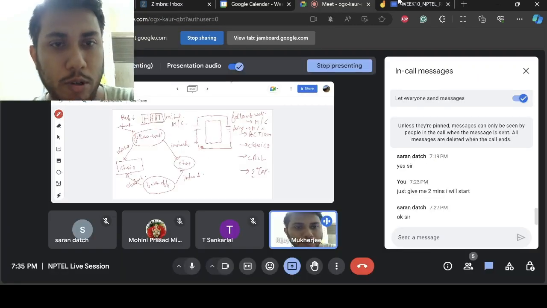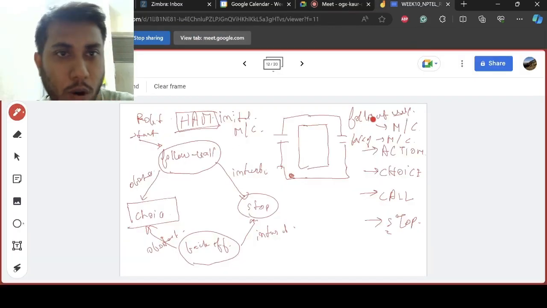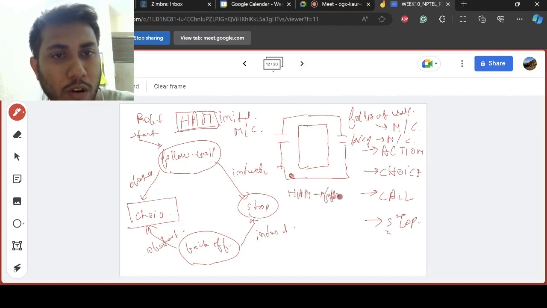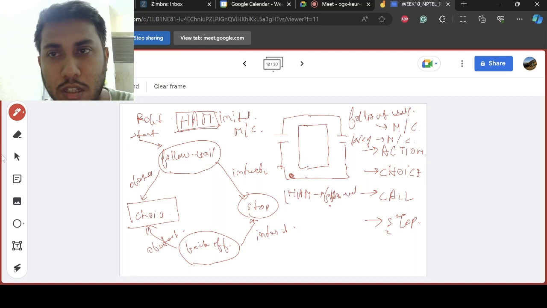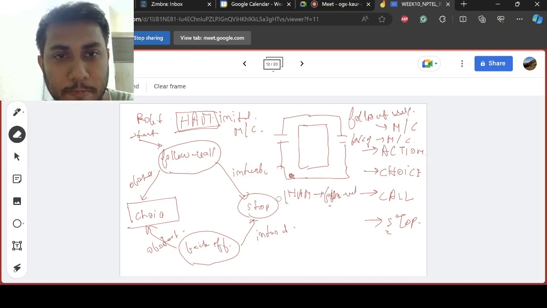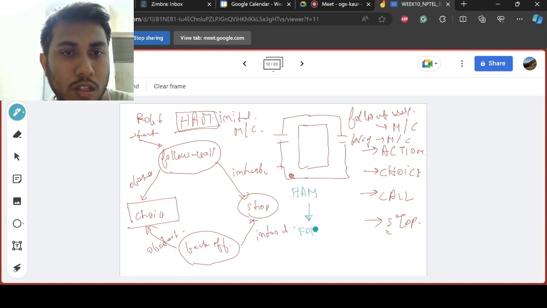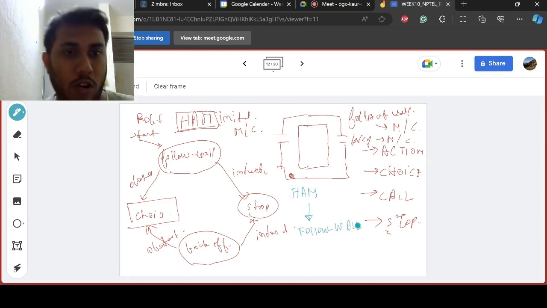So what does HAM do? Initially when you start it, HAM calls follow wall by default. Follow wall is one machine, HAM is one machine. It directly calls the follow wall machine.